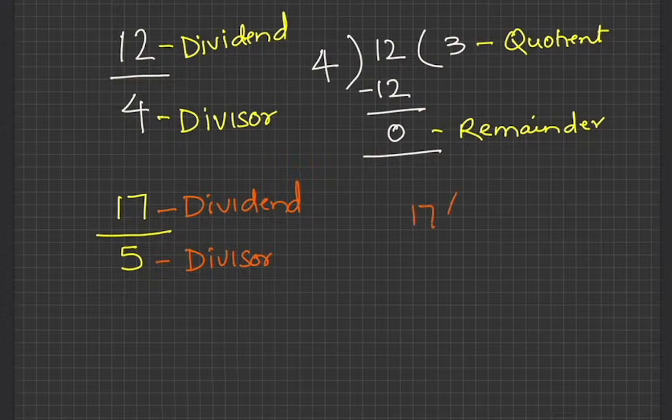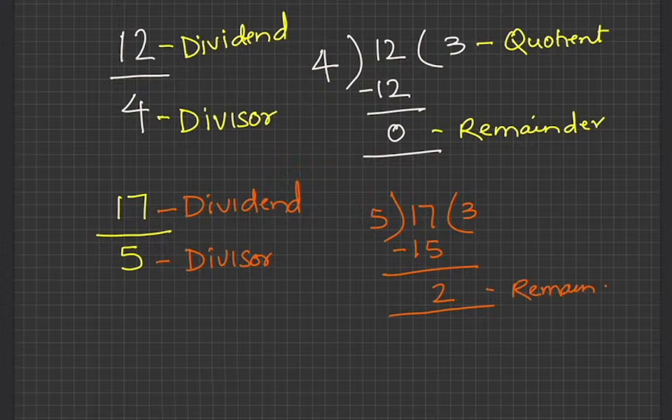When I divide, I always take a smaller number. So I take 5 times 3, 15. When I subtract it, I get 2. This is my remainder, and this is my quotient.